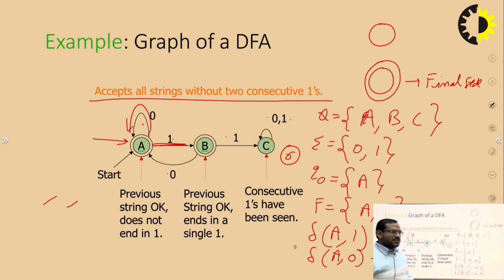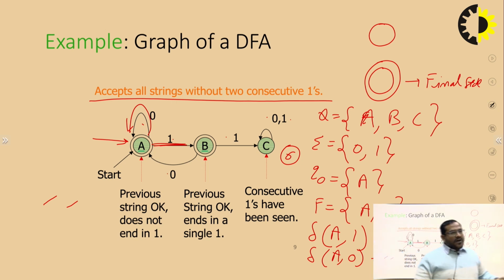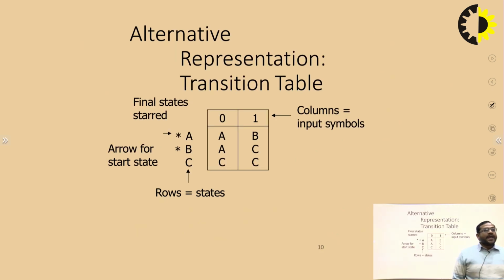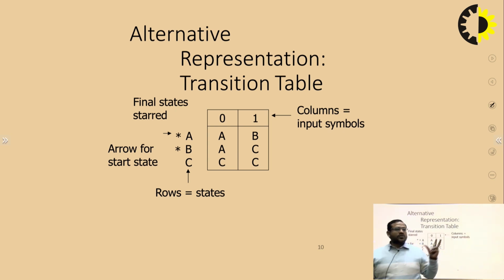As a practice. So that is the graph of a DFA, how we can represent a graph. You can easily understand that this is the graph of a particular finite automaton. Now how can you represent your finite automaton through a table? You can see the table here. This is the input symbols 0 and 1.